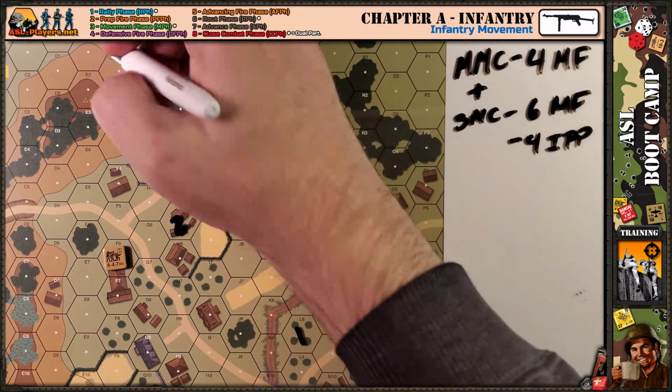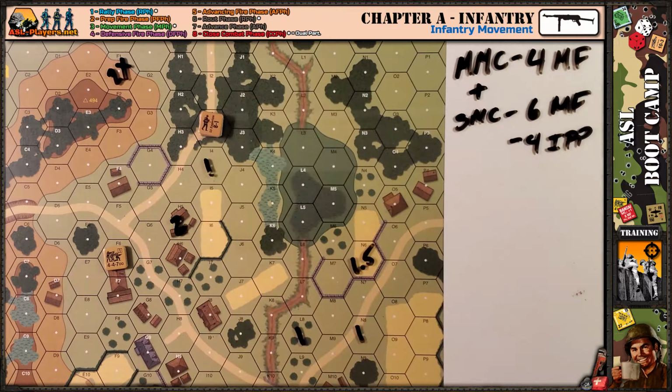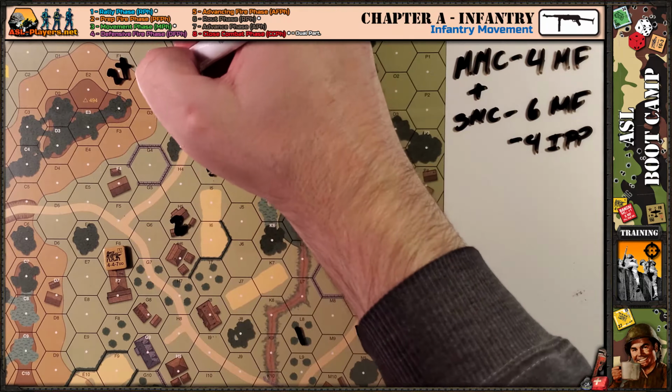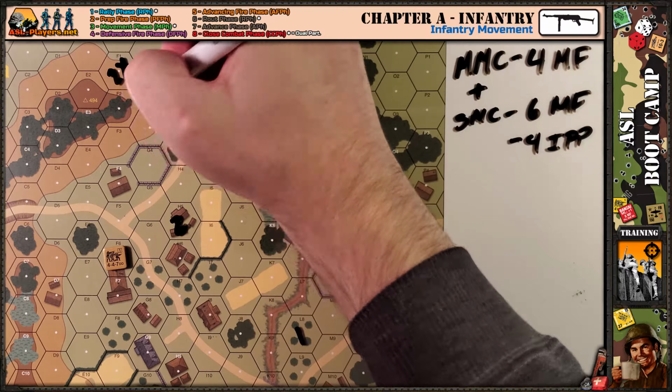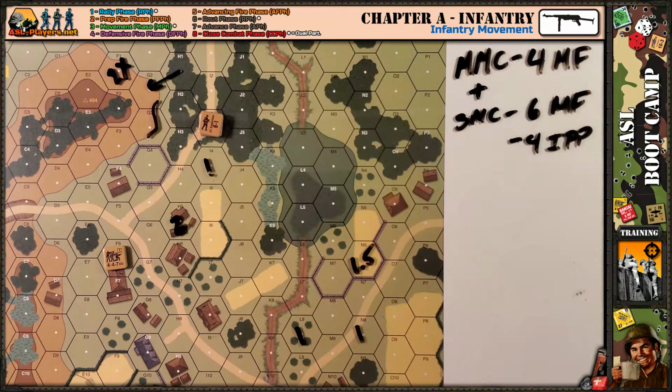Moving up a hill is 2x the cost of the terrain. Whatever terrain is in the hex you're moving into, it's double that. So to go from this woods hex up there, crossing a crest line, this is a crest line, that would cost 2 movement factors.